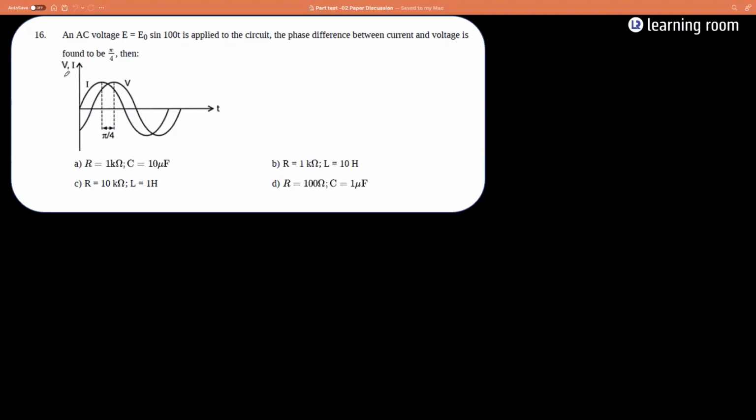So you used the power factor. Power factor, cos phi, is equal to 1 by root 2, since the phase difference is pi by 4.